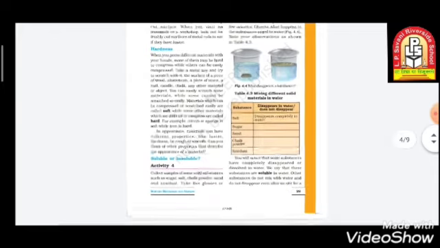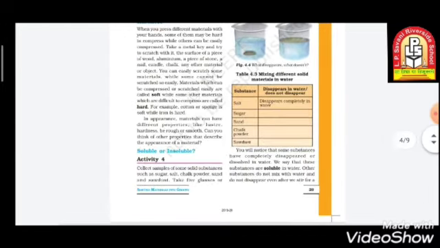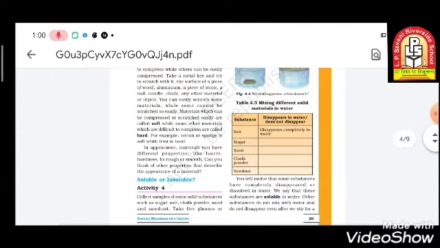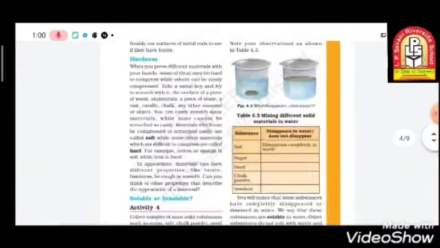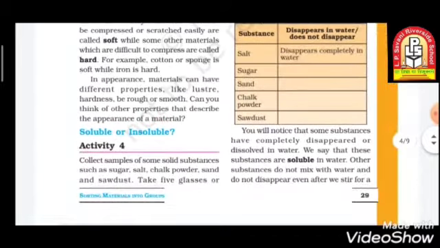Moving to the next topic, which is soluble and insoluble. What are soluble substances and what are insoluble substances? Soluble substances are those which can be easily mixed with water, and insoluble substances are those which cannot be mixed with water.